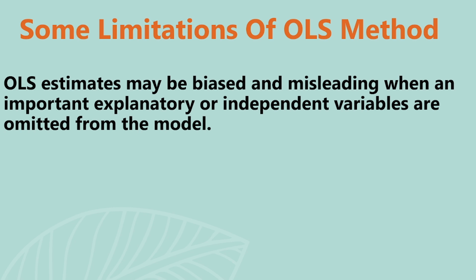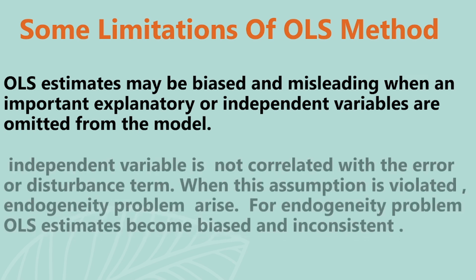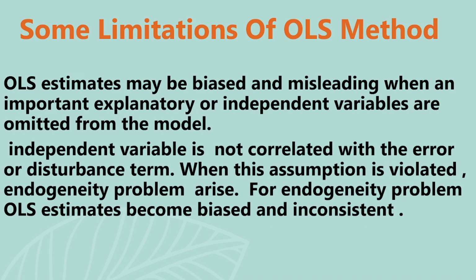Our last limitation of OLS method. Independent variable is not correlated with error or disturbance term. When this assumption is violated, endogeneity problem arises. For this endogeneity problem, OLS estimates become biased and inconsistent, because OLS method always considers that independent variable is not correlated with the error or disturbance term.